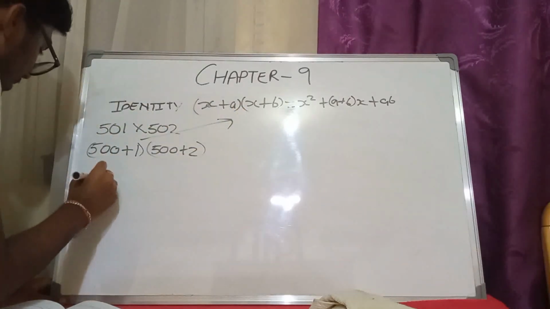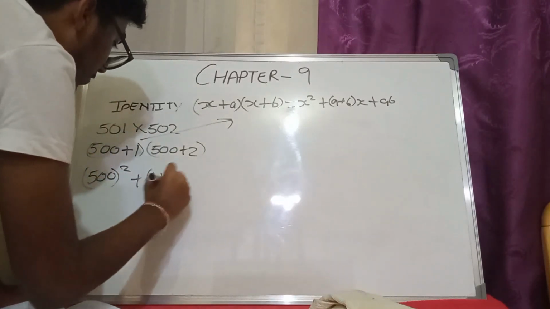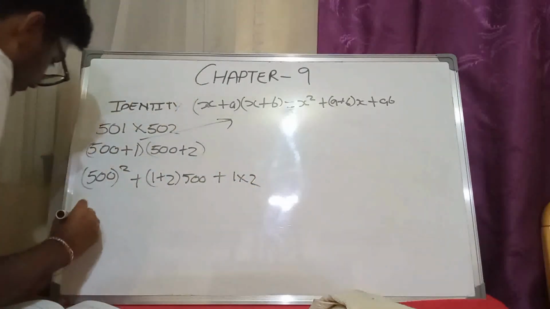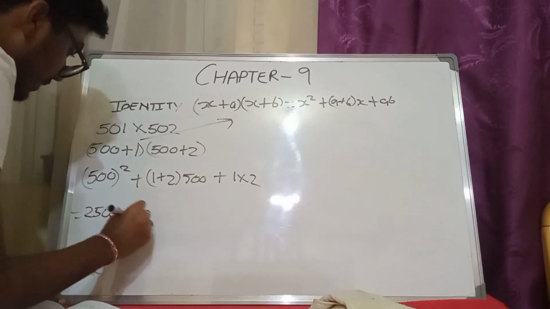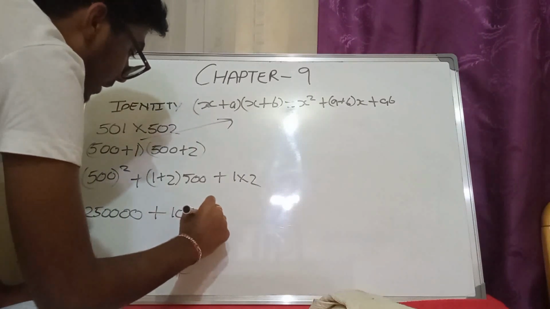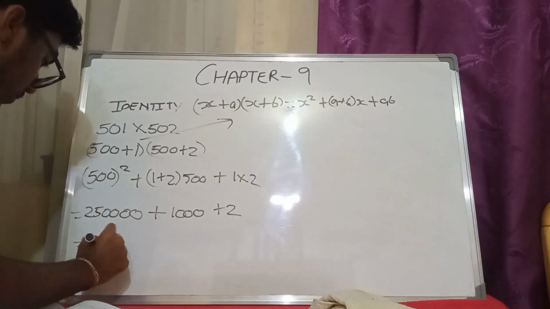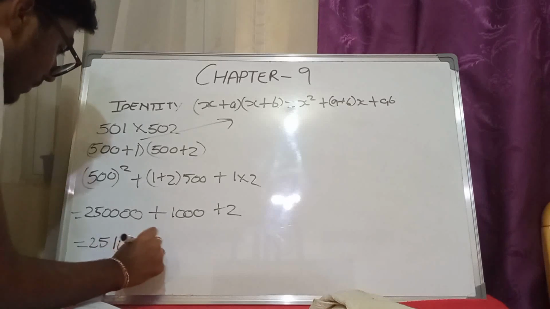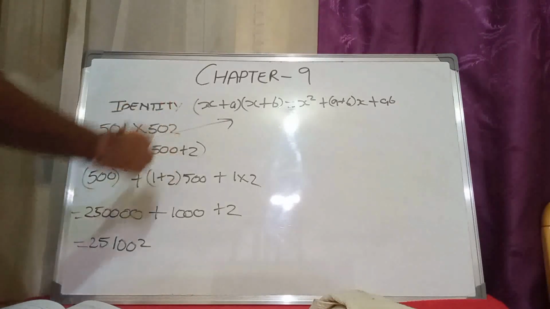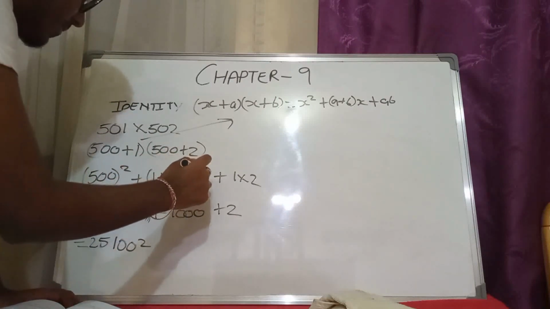So we will solve it as 500 square plus (1 + 2) into 500 plus 1 into 2.